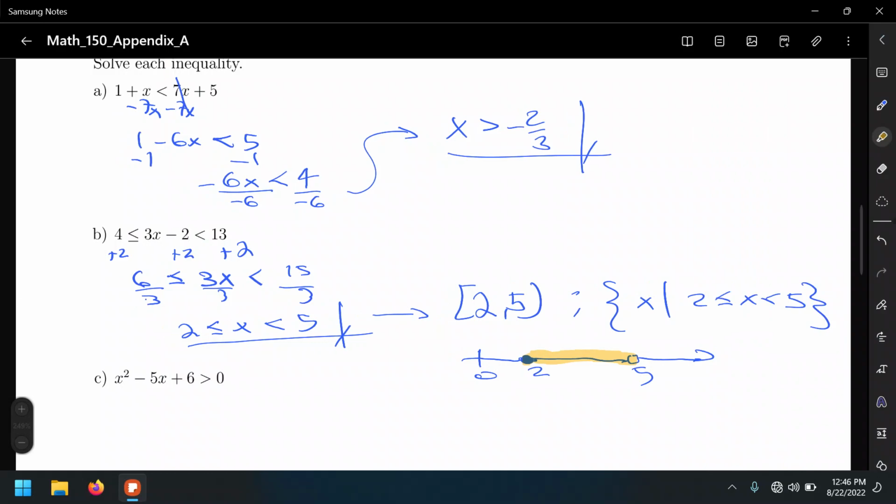Just make sure you have a solid bubble for the endpoint that corresponds to the bracket and an open bubble for the endpoint that corresponds to the parenthesis. Of course, we can do the same for the previous one, from negative 2/3.